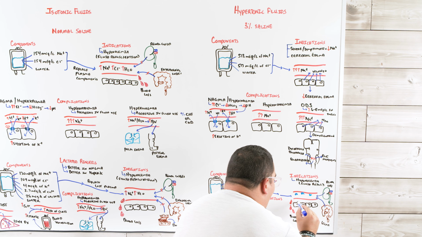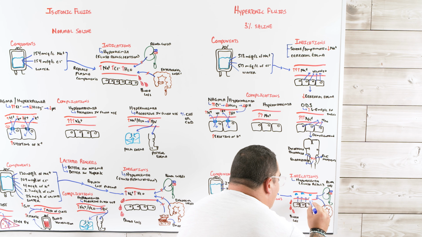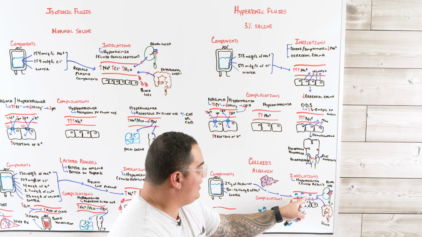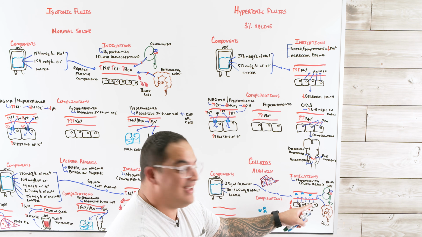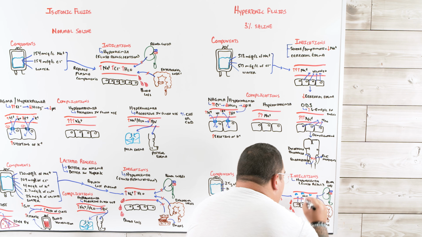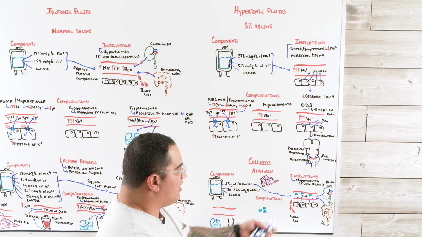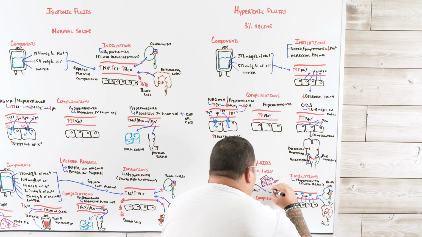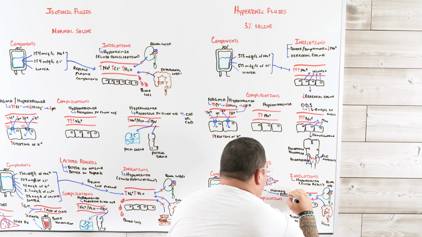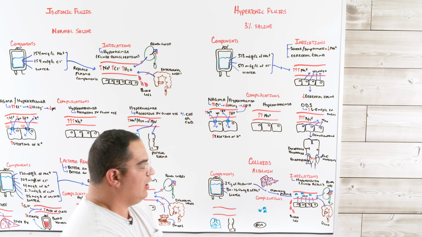It'll pull water from our interstitial space and even a little bit from the intracellular space, but primarily interstitial space, into the vascular space. And so we're going to pull water into this vascular space to expand it. So basically what you're doing is you're expanding the plasma. And that's the benefit of this.